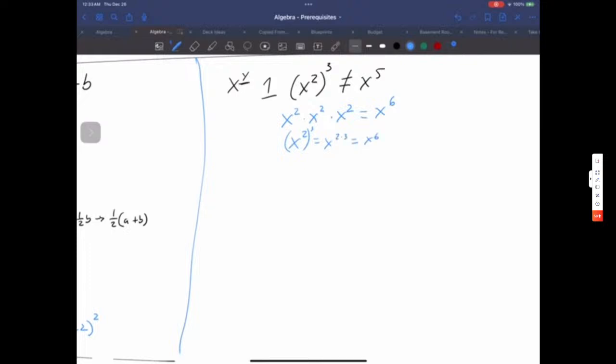Because if you have, let's say, x to the 17 raised to the 42 power, you're not going to write out x to the 17 42 times and add all those 17s together. It's faster to just understand that it's x to the 17 times 42.